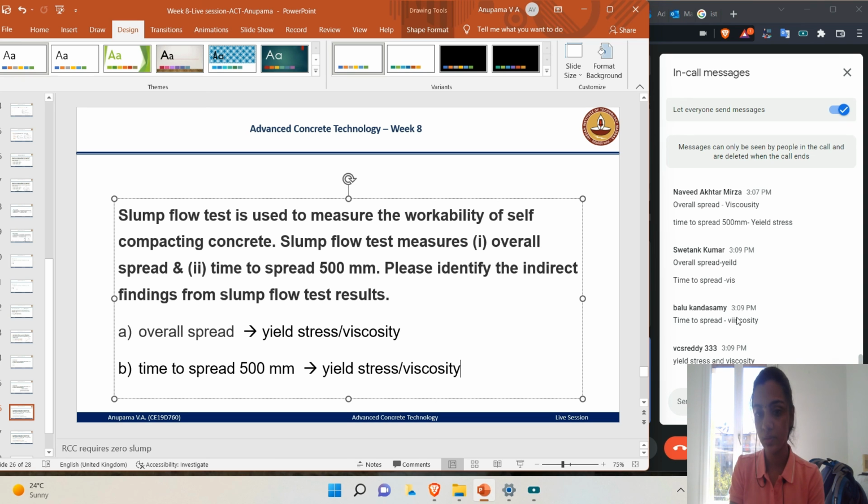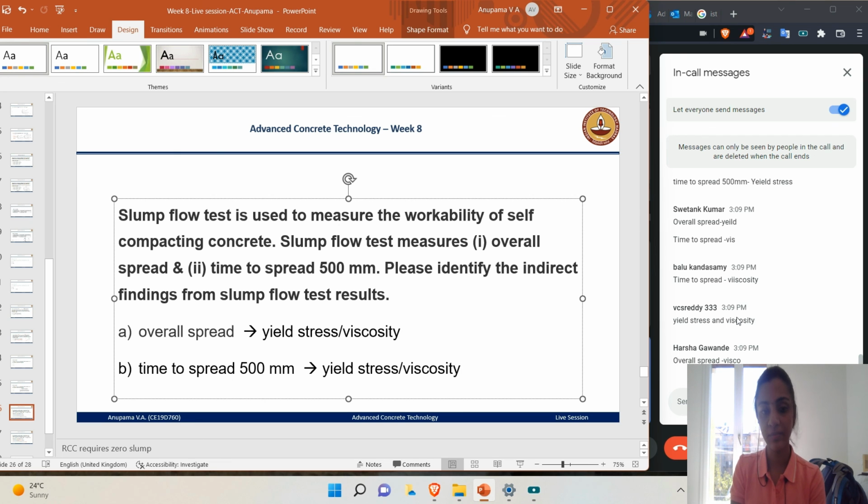Okay, so yield stress and viscosity, meaning overall spread indicates yield stress and time is viscosity. Okay, Harsha says overall spread is viscosity. This is interesting. I'm getting mixed responses. Anyone else wants to pitch in? Okay, so I guess that's it, and it's a bit confusing for some of you.